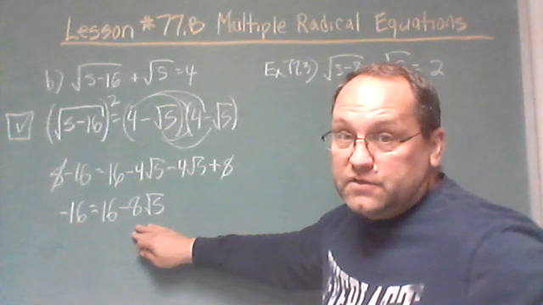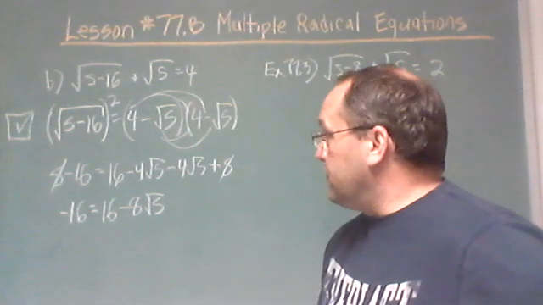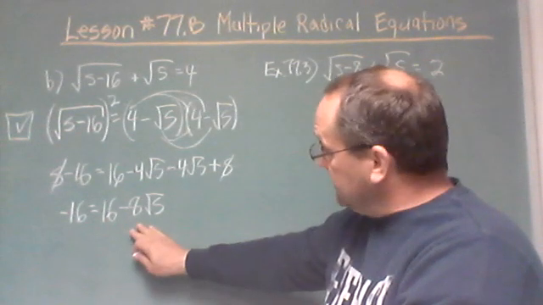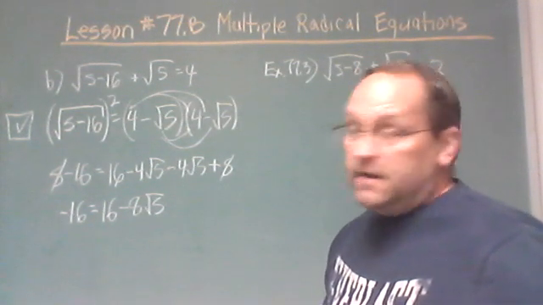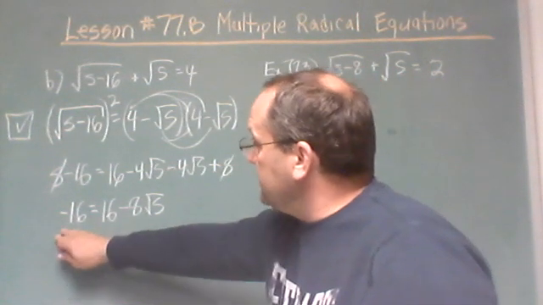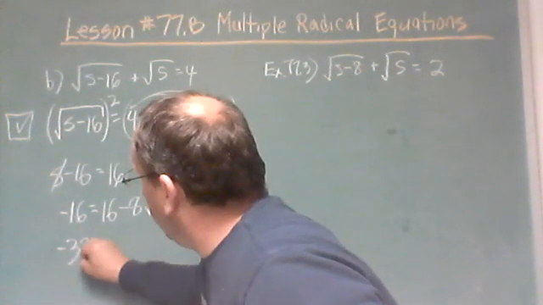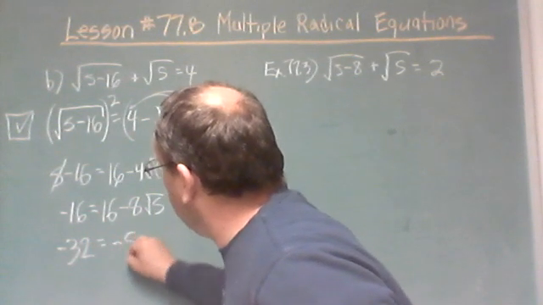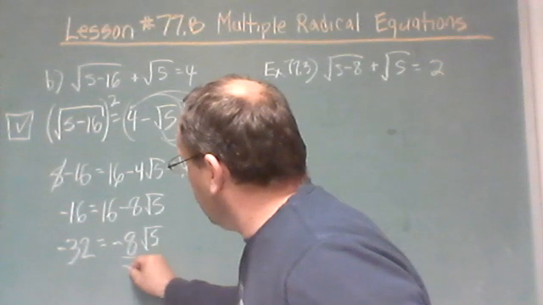This time, since it's on the right side, I'm just going to leave it on the right side. It doesn't matter what side you isolate it on. So let's take the 16 over here by subtracting. This becomes a minus 32 over here equals a minus 8 square root of s. I divide out that minus 8.